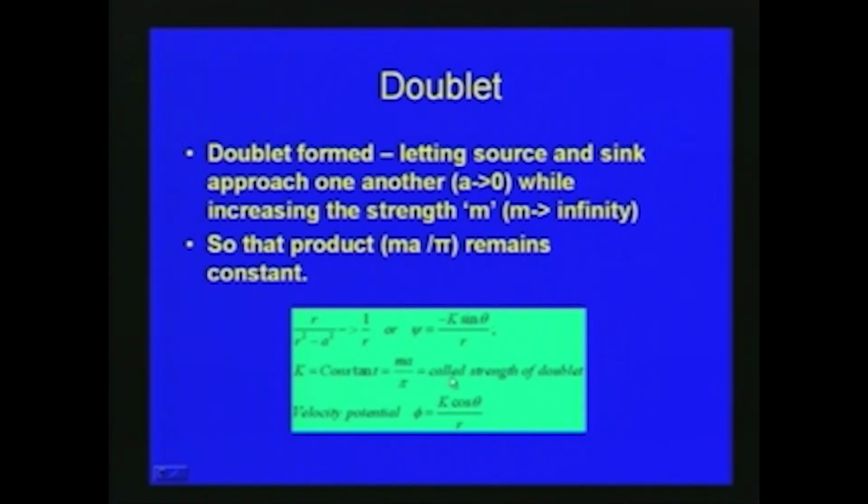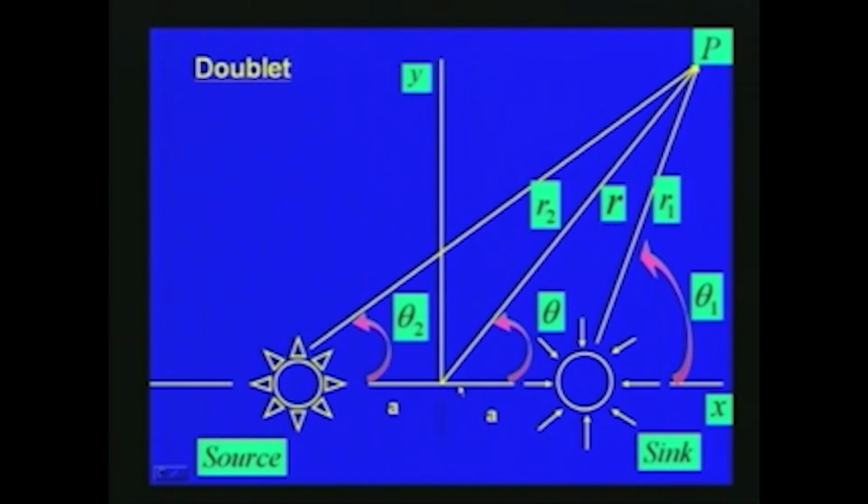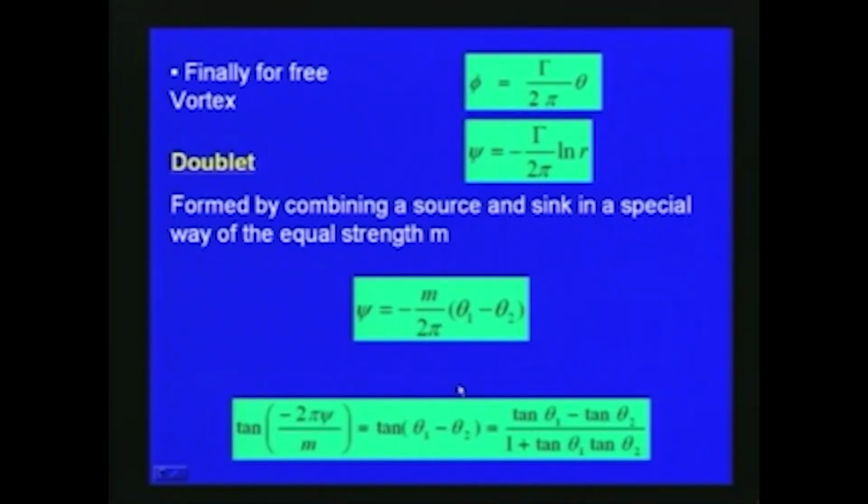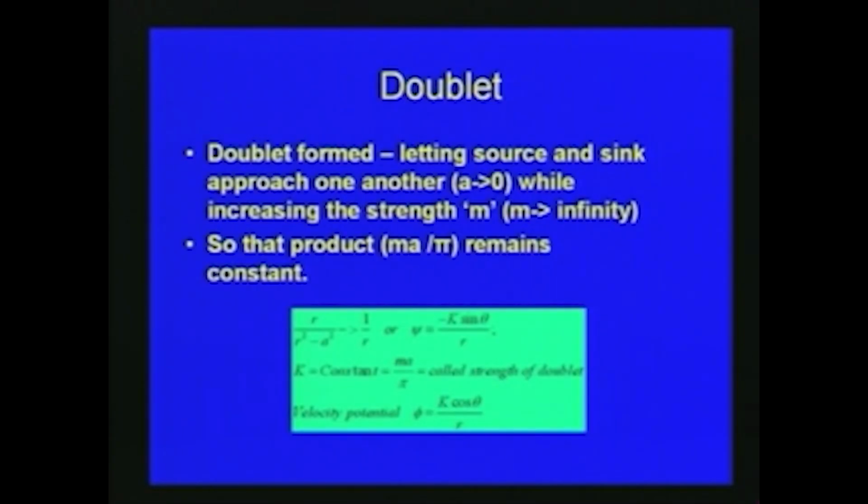So this m a by π is called the strength of the doublet, whereas m is defined as the strength of the source or sink. For the doublet which we consider, the constant k equal to m a by π is called the strength of the doublet.